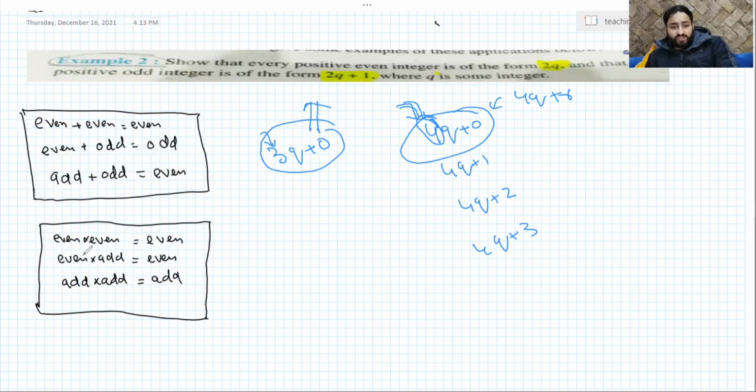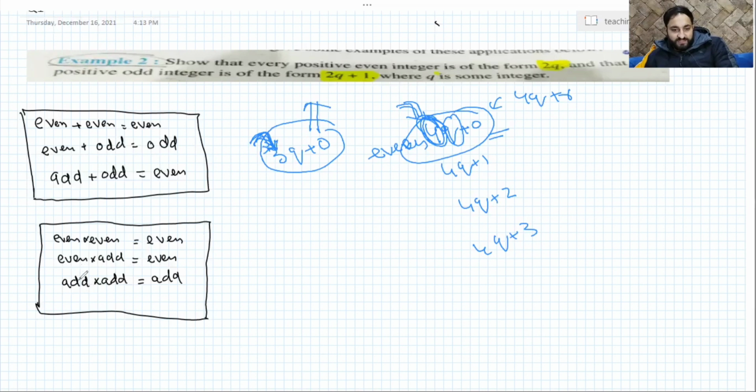So if the number here is even, it doesn't matter whether the other is odd or even, it will always produce even results. But if the number here is odd, you get into ambiguity.